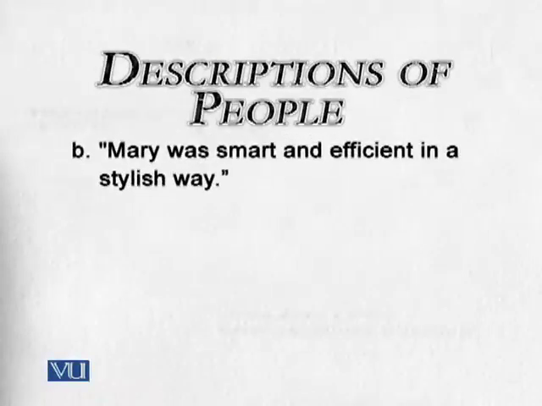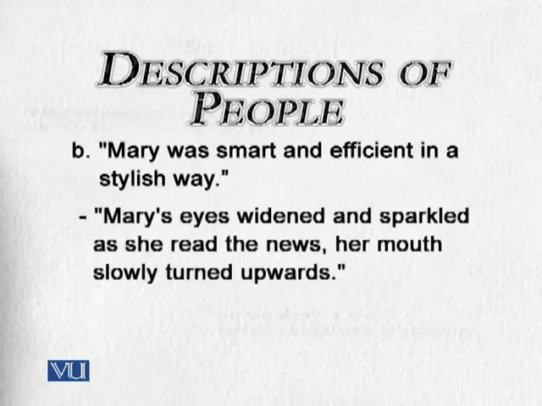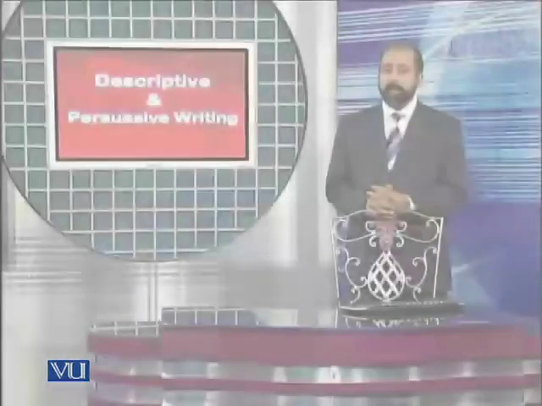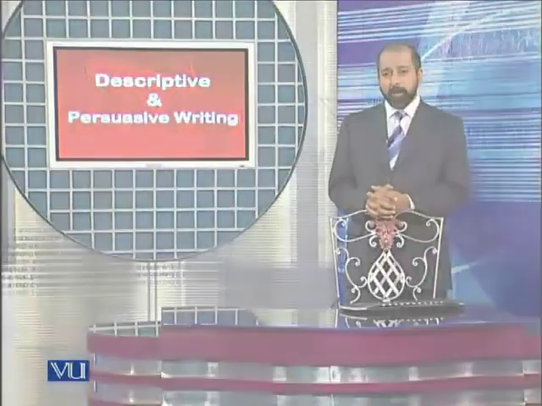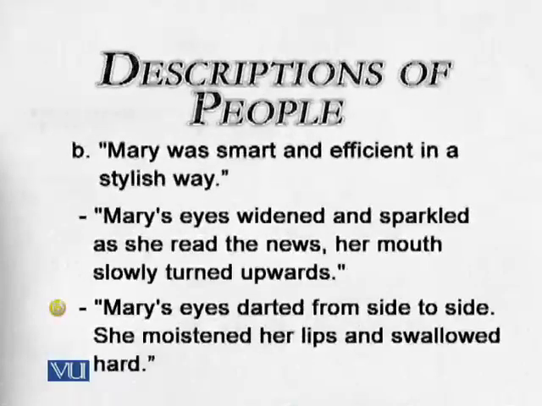The second example for you, with some sort of the same descriptions of people, goes, Mary's eyes widened and sparkled as she read the news. Her mouth slowly turned upwards. This line is a little better, but still we can use more powerful words to make it more descriptive. It goes this way, Mary's eyes darted from side to side.